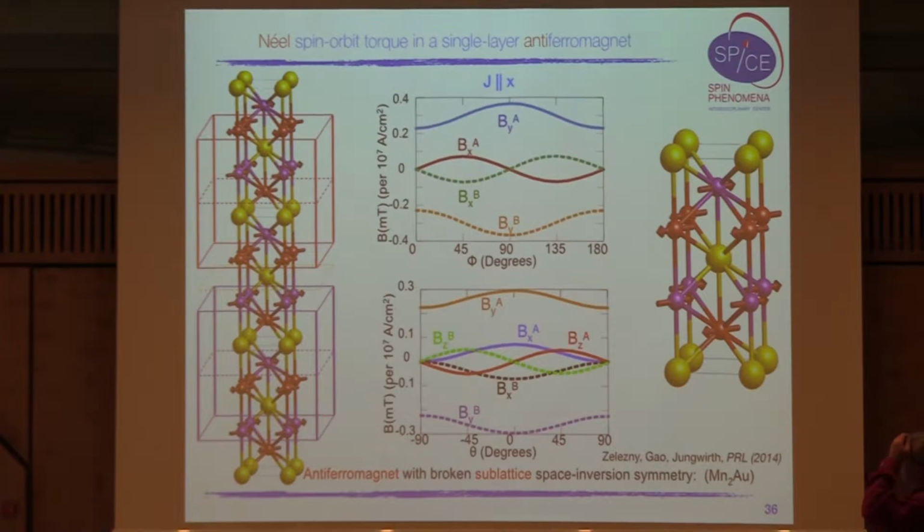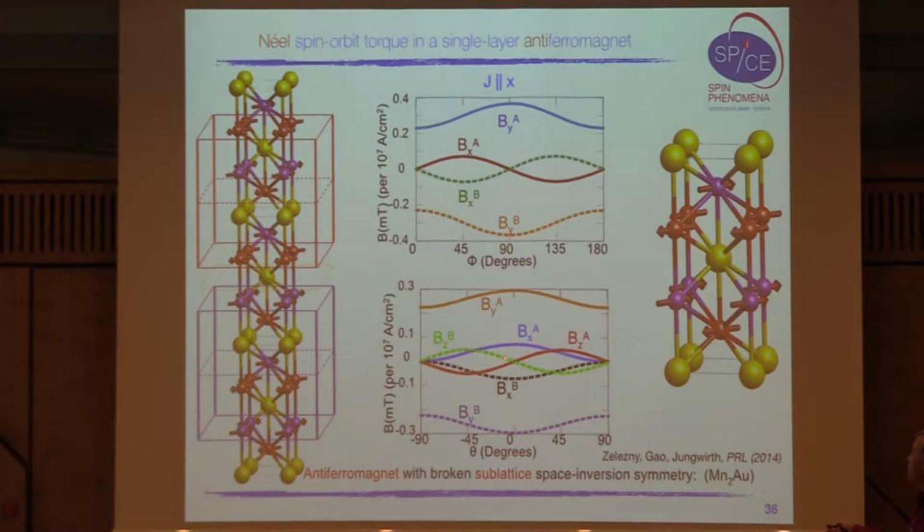We calculated the effective field that you can generate there, and this is, of course, this Néel spin-orbit torque. And you can see that it's field-like from the angular dependence; this is the angular dependence in the XY plane, and this is the angular dependence between the Z and X axes.